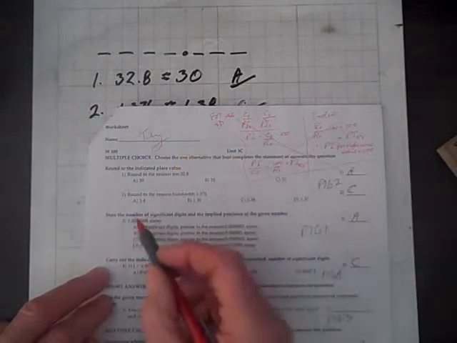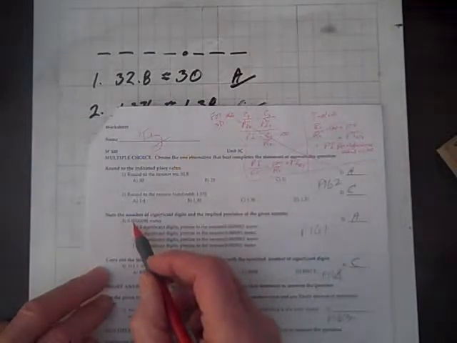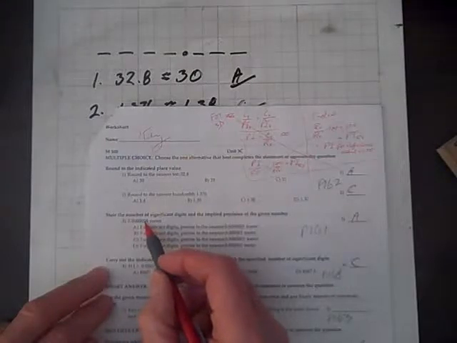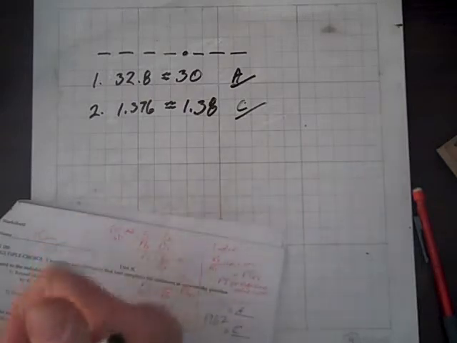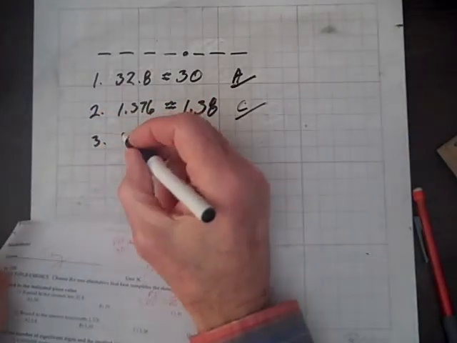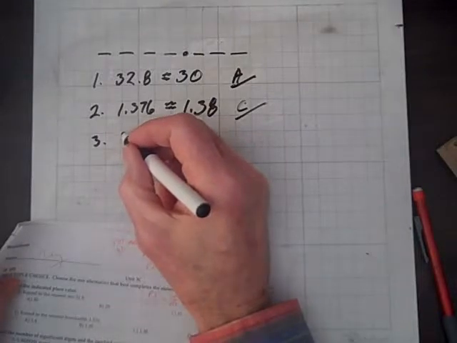Relative to precision, we've got 1, 2, 3, 4, 5, 6, 7 positions to the right of the decimal.